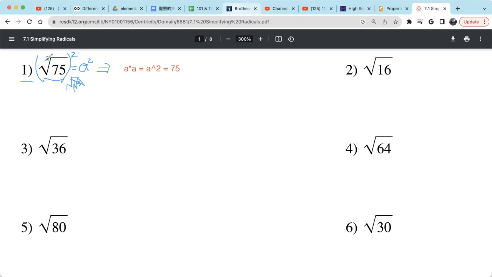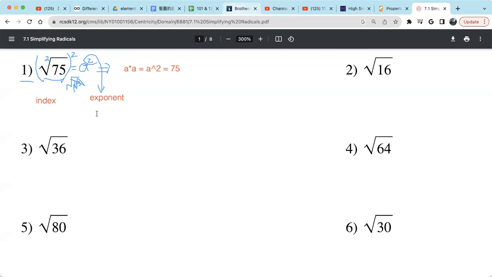We call this number 2 on the top left corner the index. And of course, the 2 in A squared is called the exponent, or power.